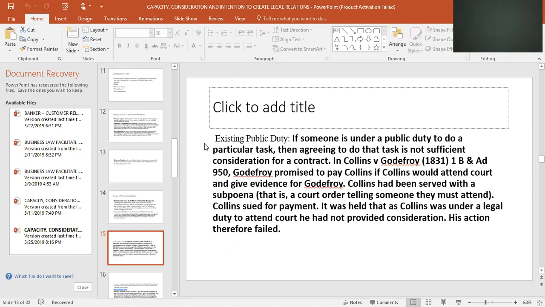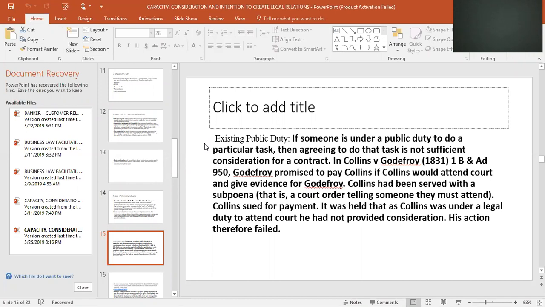You cannot expect a payment for performing that public duty that is expected of you, because whether you like it or not, you have to do it.